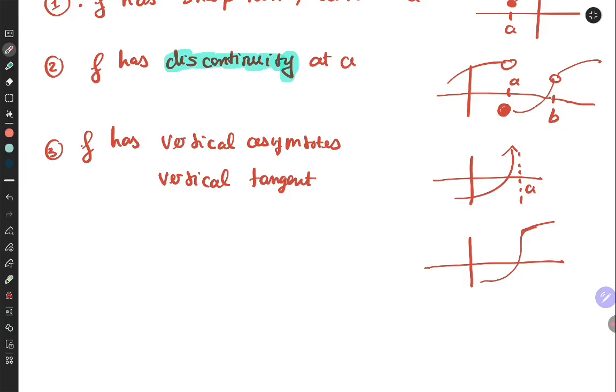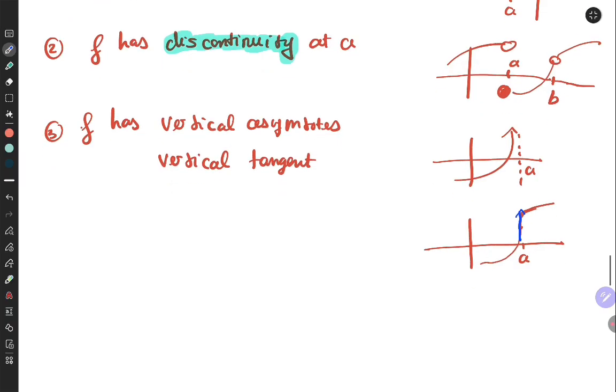But right there, at a point somewhere in here, there's a point that you're able to draw a vertical tangent line. That point will not be differentiable. Because if you draw there.